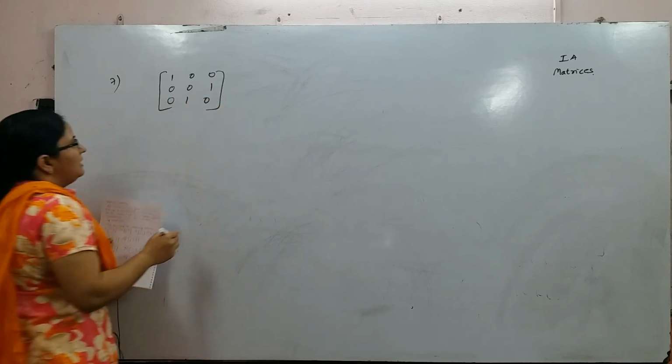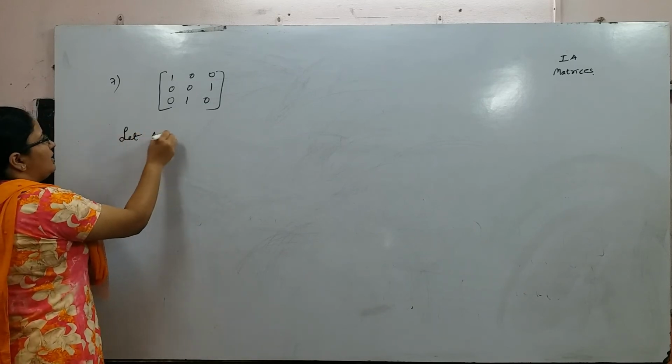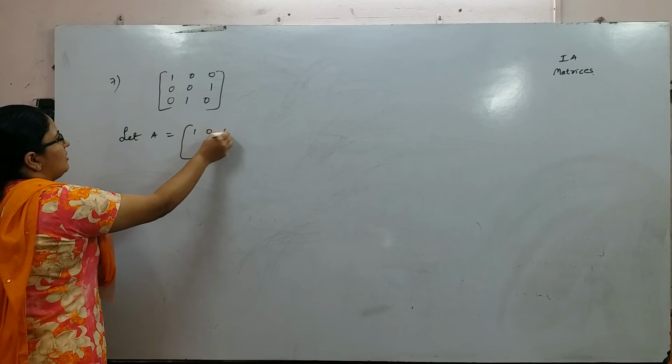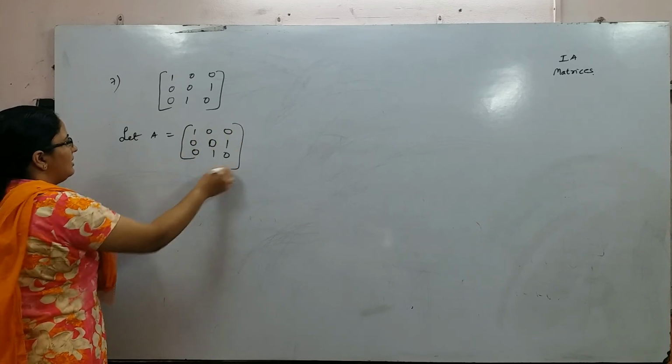We have to find the rank of this matrix. Let A be 1 0 0, 0 0 1, 0 1 0.